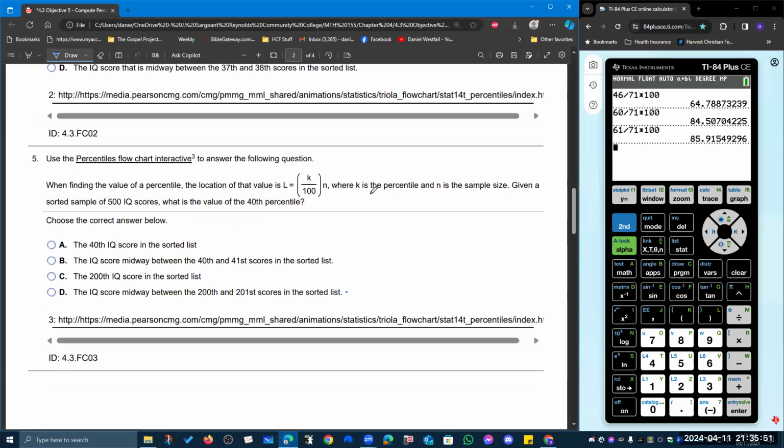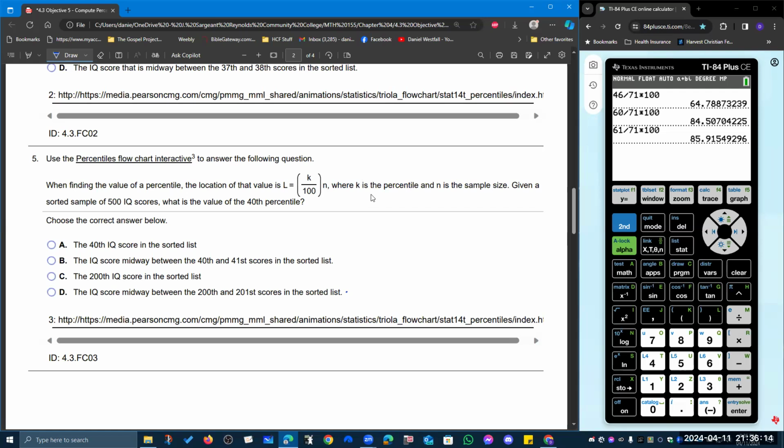When finding the value of the percentile, the location of the value L equals K over 100 times N, where K is the percentile and N is the sample size. Given a sorted sample of 500 IQ scores, what is the value of the 40th percentile?